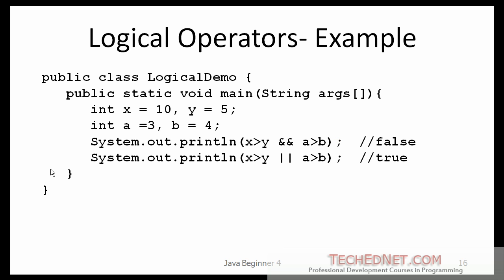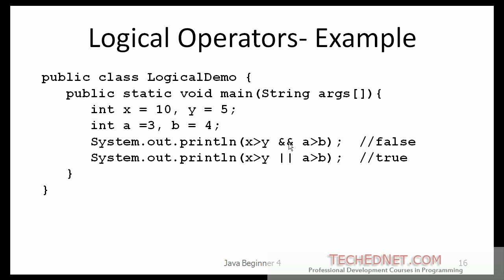In this example, I have x equals 10, y equals 5, a is 3, and b is 4. So what I am asking is, is x greater than y and a greater than b? Well, the answer there is false, and it shows how you program the AND operator.